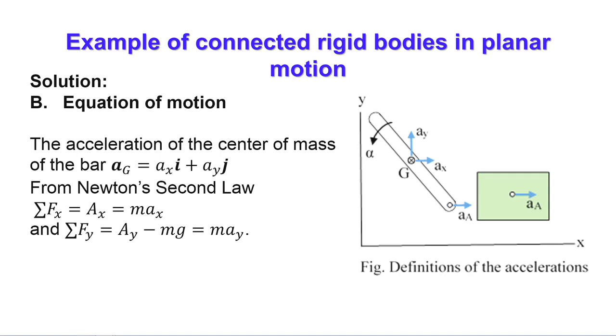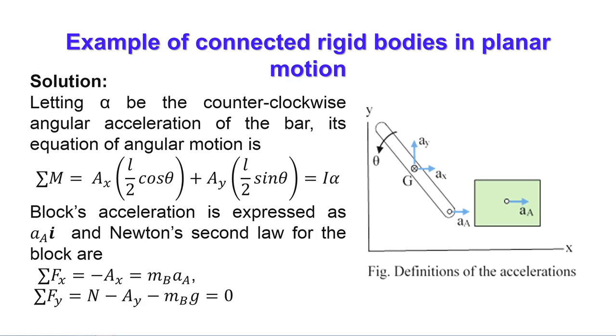So, from Newton's second law we get these equations. Now for angular motion, the total moment, from the forces we can find, equals I times alpha. Alpha is the angular acceleration, I is the moment of inertia about the CG.